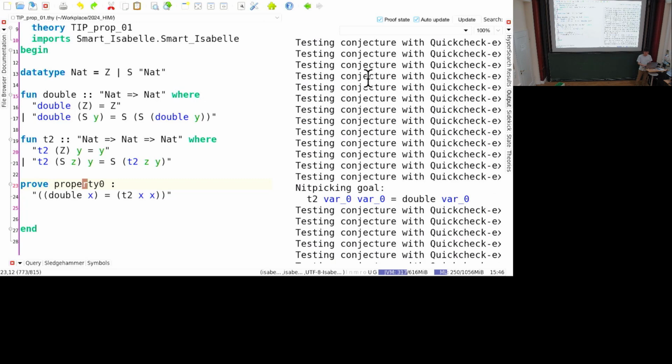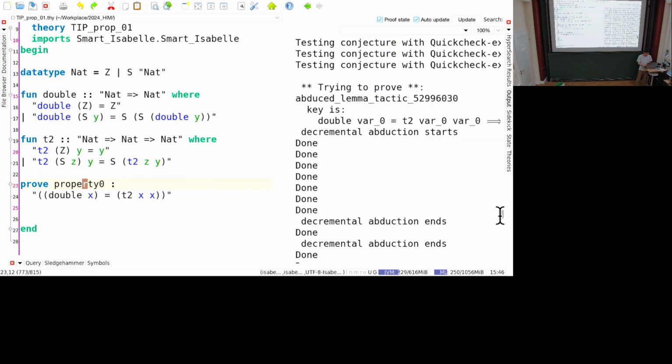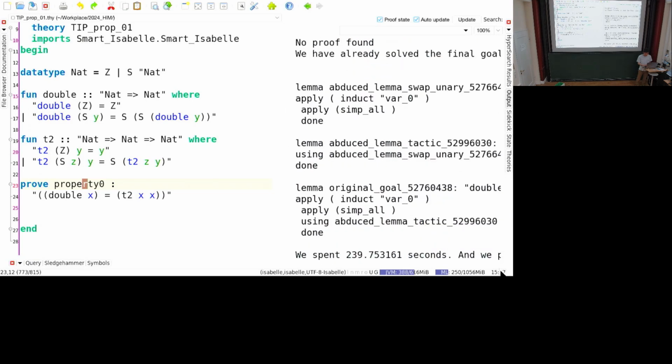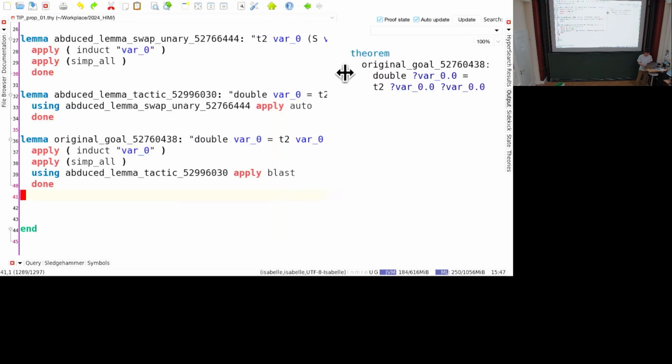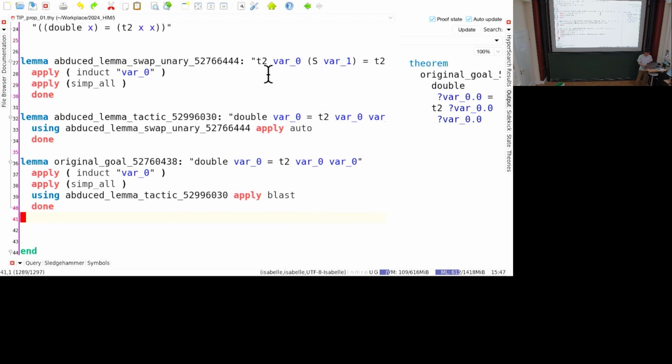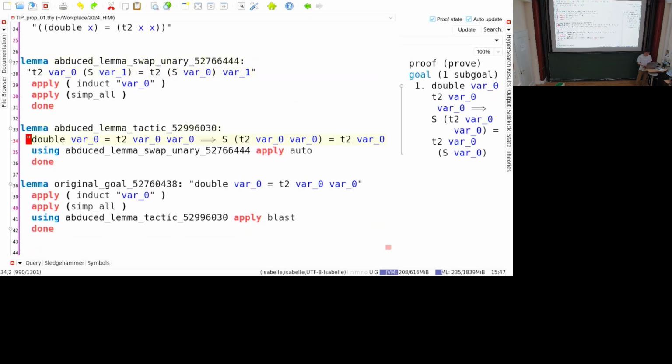So this corresponds to the QuickCheck invocation. So we keep applying QuickCheck, and yeah, we got this proof script, which I should be able to copy and paste with one click.